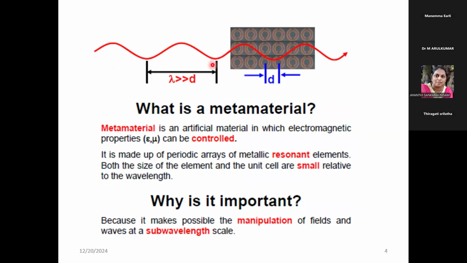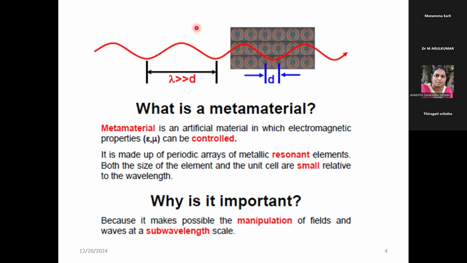So what are the electrical properties, and how can you design a material so that it gets a different set of properties? For that purpose, we are going to take some unit cells, that means some basic structures, and arrange them in a periodic fashion on the material, by which the electrical properties of the material are going to change.